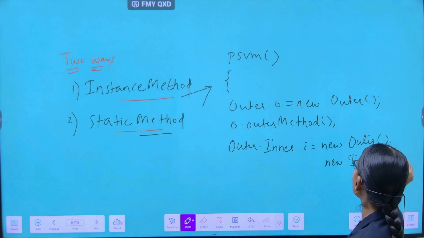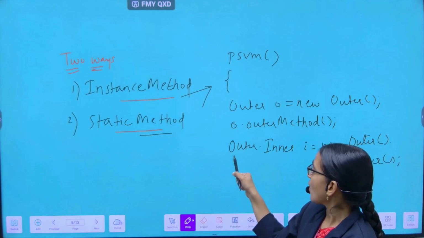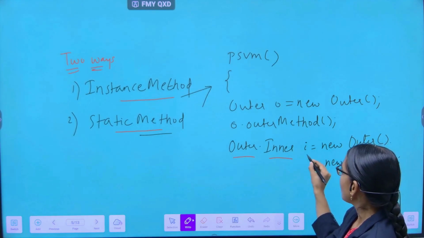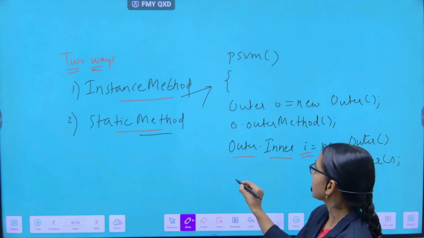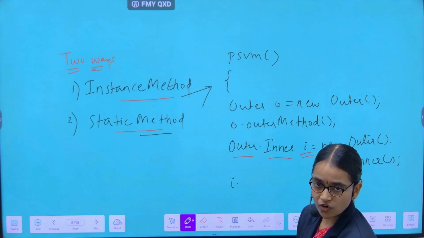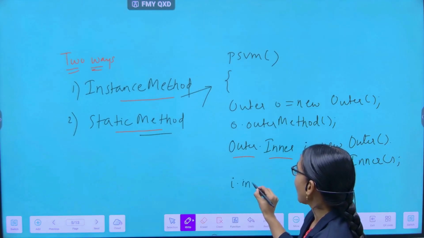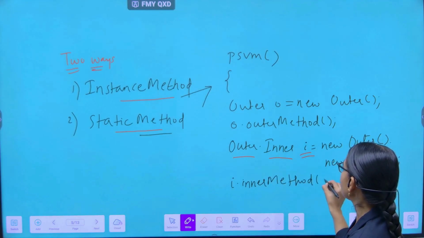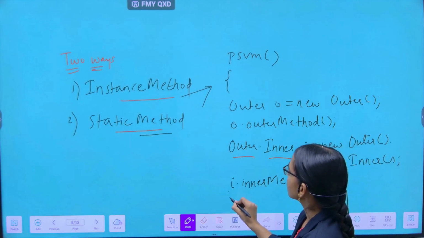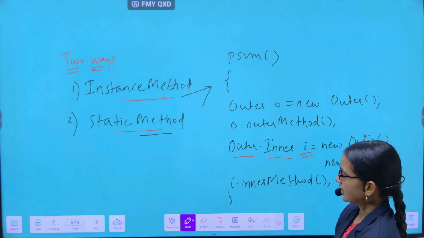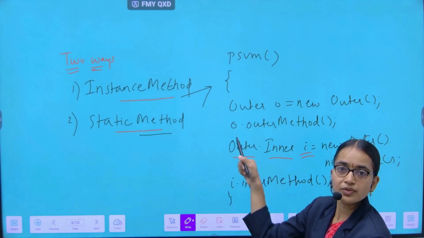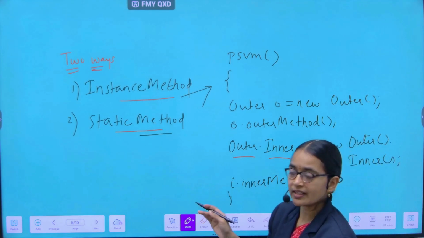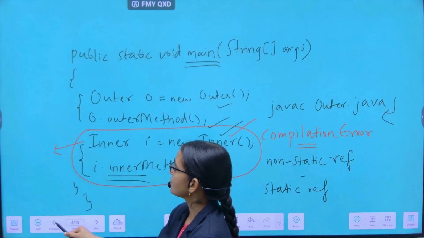In a single line of statement, you are using the outer class as well as the inner class, right? And now use this instance, that is i, followed by its corresponding method, i.innerMethod(). Done. So close the main method. So this is how a static implementation for the regular inner classes can be done. Once I'll revise you about regular inner classes, going for the very first case.